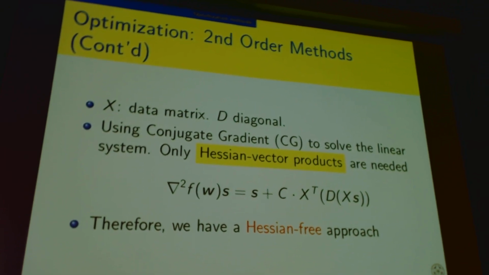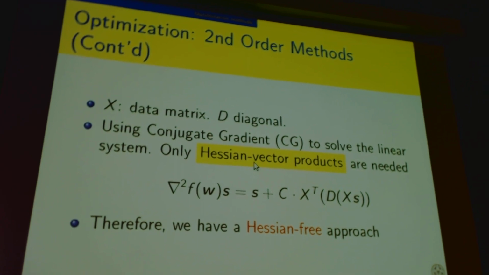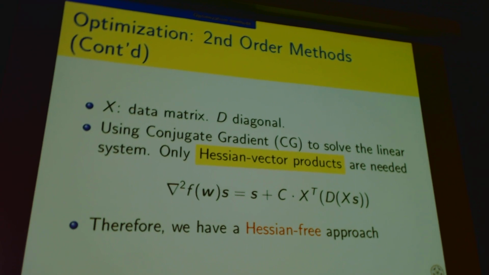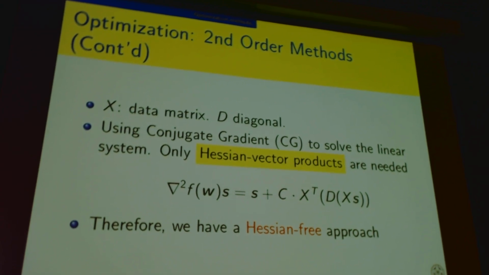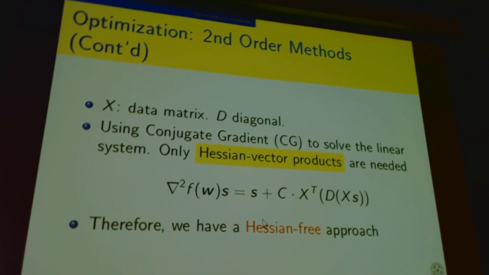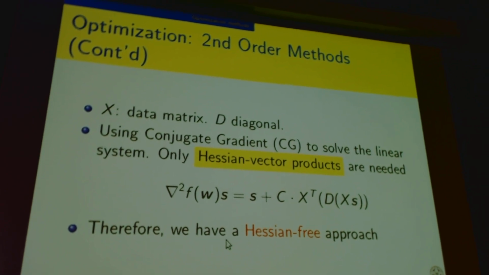So you do have X somewhere, and because we are able to do such a sequence of matrix vector products, we are able to finish the Hessian vector product for one conjugate gradient iteration. Then after several conjugate gradient iterations, you get a solution of that Newton linear system. In the optimization area, this is a so-called Hessian-free optimization approach.